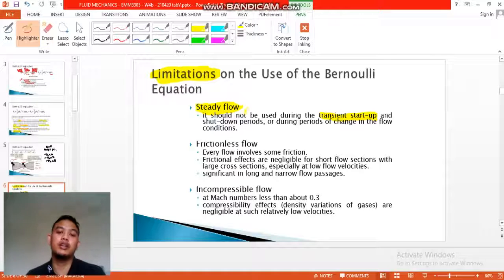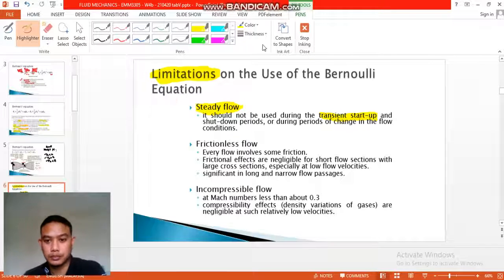What is the difference between steady flow and transient flow? Steady flow remains the same from T1 to Tn, but in transient flow there are changes at every time. When you take T1 there is one flow, and when you take T2, at the same area but at a different time, it is different.